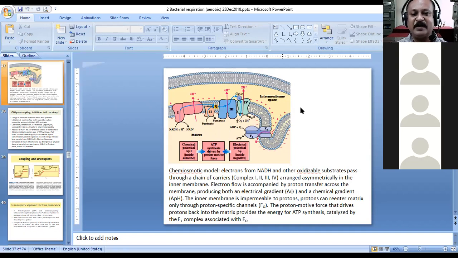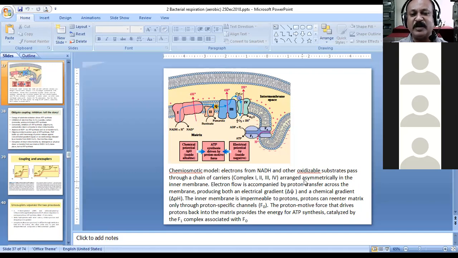Therefore it is written here in this description that the electrons from NADH and other oxidizable substrates such as succinate pass through a chain of electron carriers such as complexes 1, 2, 3, and 4. And these complexes are arranged asymmetrically in the inner membrane.